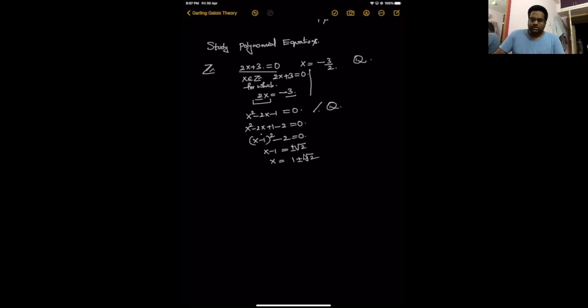You already know that the square root of 2 does not belong to Q, and it is a real number. So this equation has no solutions over Q, but it has solutions over R, the field of real numbers.